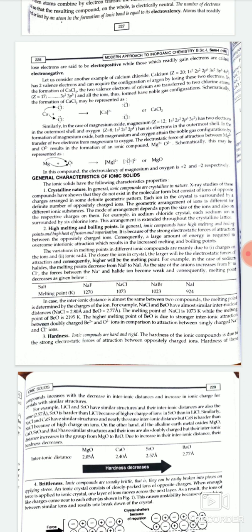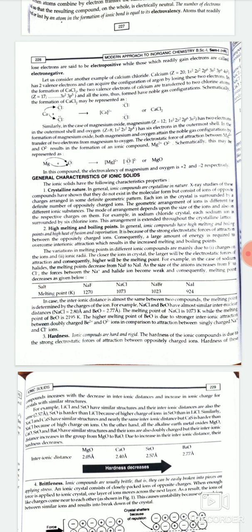Similarly, in the case of magnesium oxide, magnesium, Z equal to 12, that is 1s2, 2s2, 2p6, 3s2, has 2 electrons in the outermost shell, and oxygen, Z equal to 8, that is 1s2, 2s2, 2p4, has 6 electrons in the outermost shell. In the formation of magnesium oxide, both magnesium and oxygen attain the noble gas configurations by transfer of 2 electrons from magnesium to oxygen.